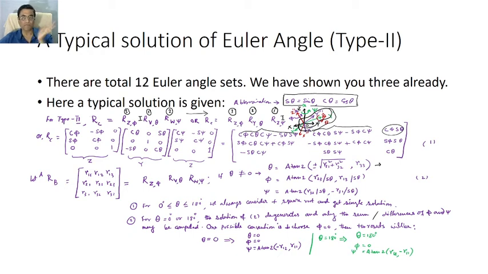Now, let us see what is happening. Suppose I have an orientation matrix which is given: R11, R12, R13. This is a 3 cross 3 matrix. And R21, R22, R23, then R31, R32, R33. So this is the rotation matrix, say B with respect to A, which is given.